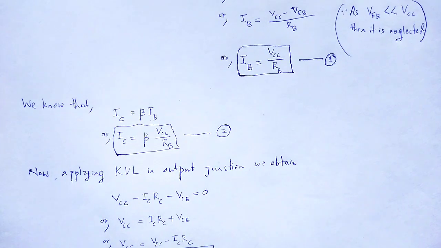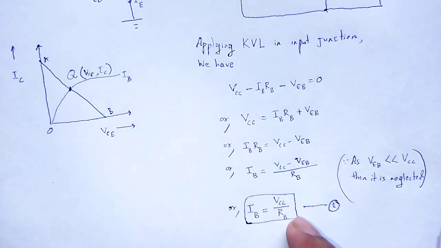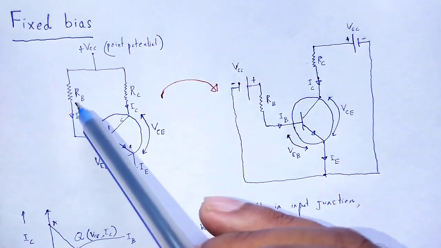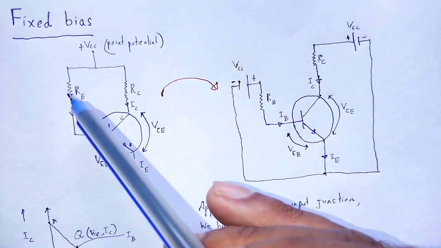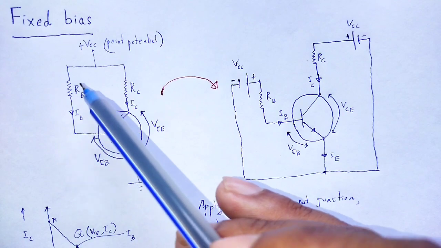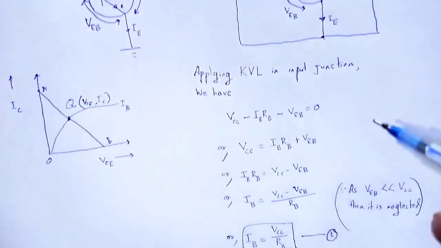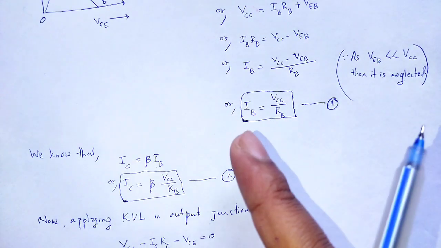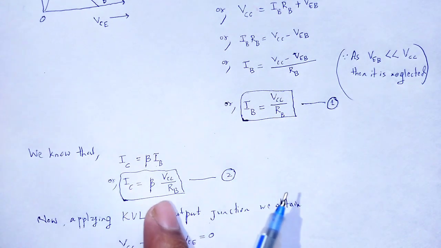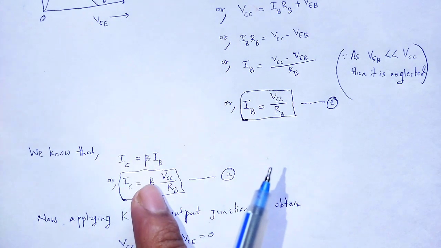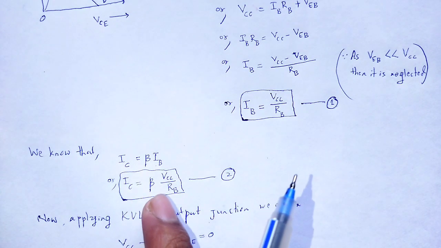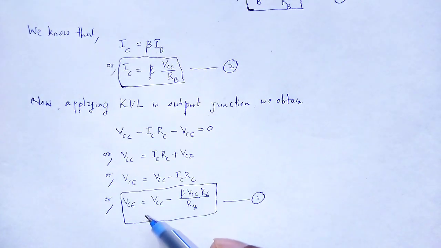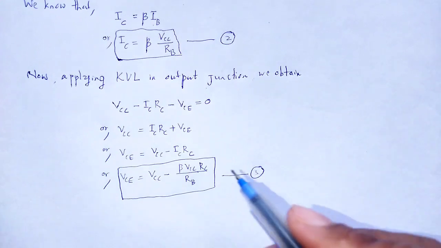Look at the 3 equations. IB is equal to VCC by RB. The value of VCC is known to us, RB is a resistor we use, and that value is also known to us. Then IB is calculated. As IB is fixed, IC is also fixed. The amplification factor is known, so with IC fixed, VCE is also fixed.